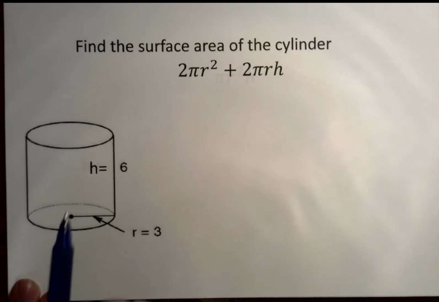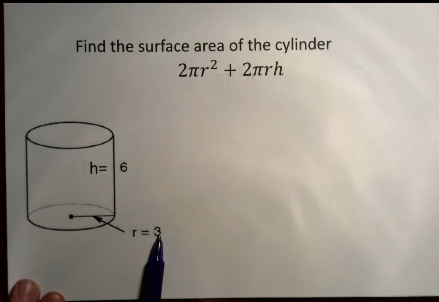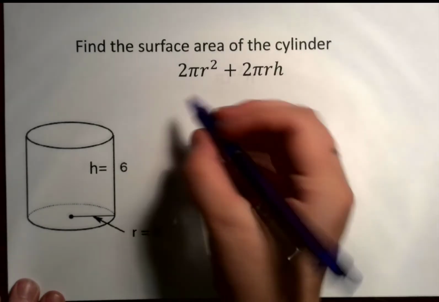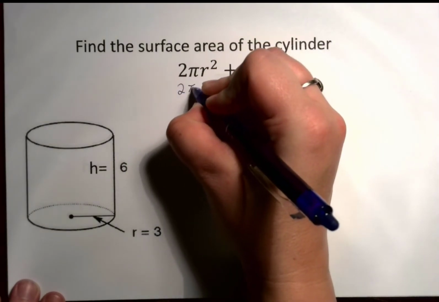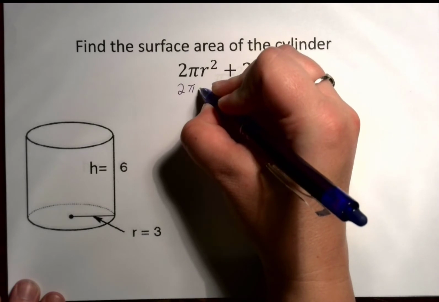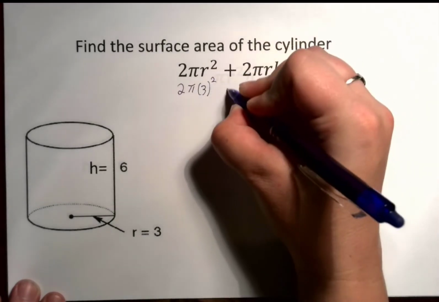So I'm given that my height is 6 and my radius is 3. So all I have to do is plug in the information I'm given.